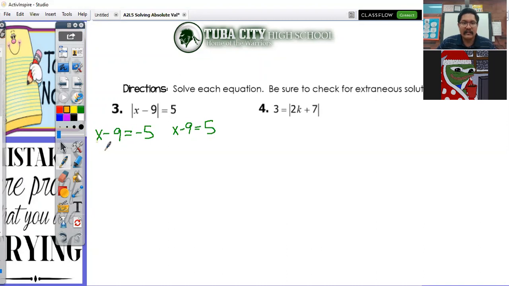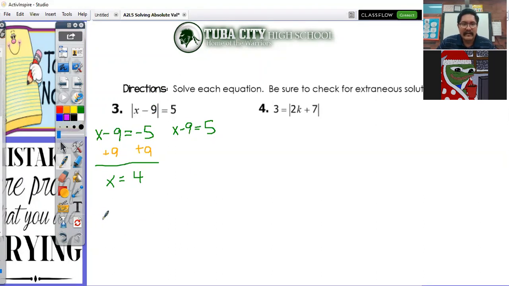Now I'm going to have to solve both equations. I'm going to do one at a time for most of these if I can. So add 9 to both sides. x equals negative 5 plus 9, or I'm going to think of it as 9 minus 5, which is just going to be 4. Now, I'm going to check most of these. I really should write all of them out when I'm checking them.